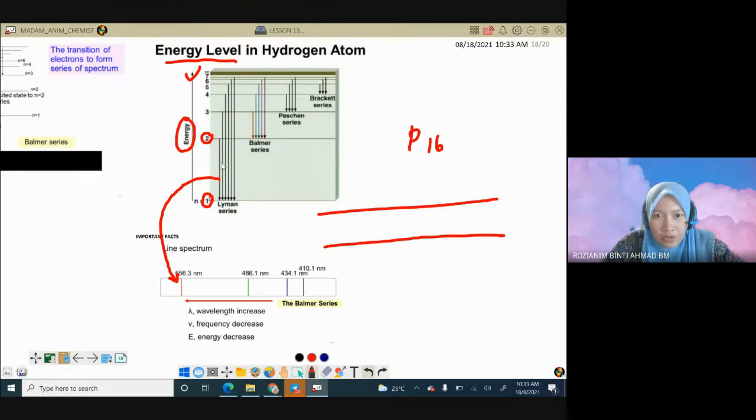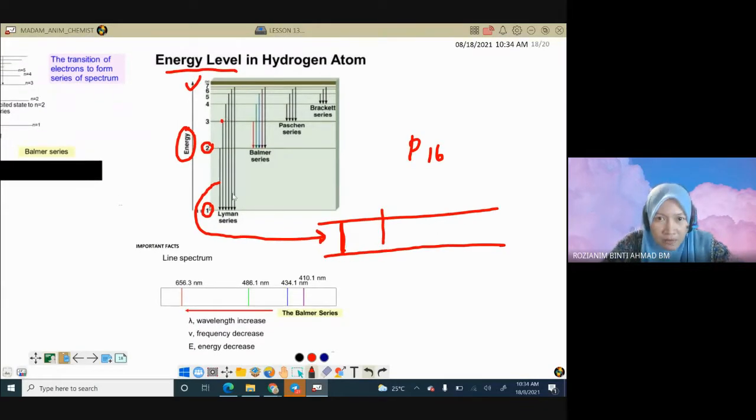If you look at 2 to 1, for example, let me draw it again. From the energy level diagram, the first electron transits from N2 to 1. So this produces one spectrum line, the first line. Then from 3, look at my pen, from 3 falling to 1, it gets another spectrum line.